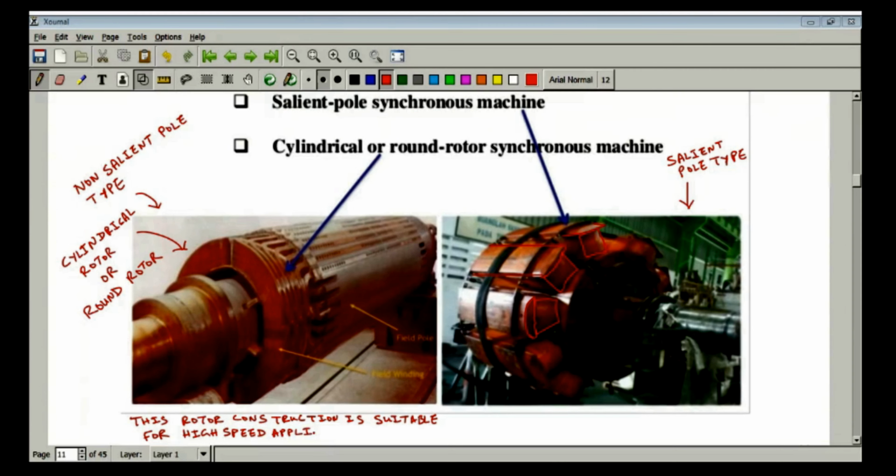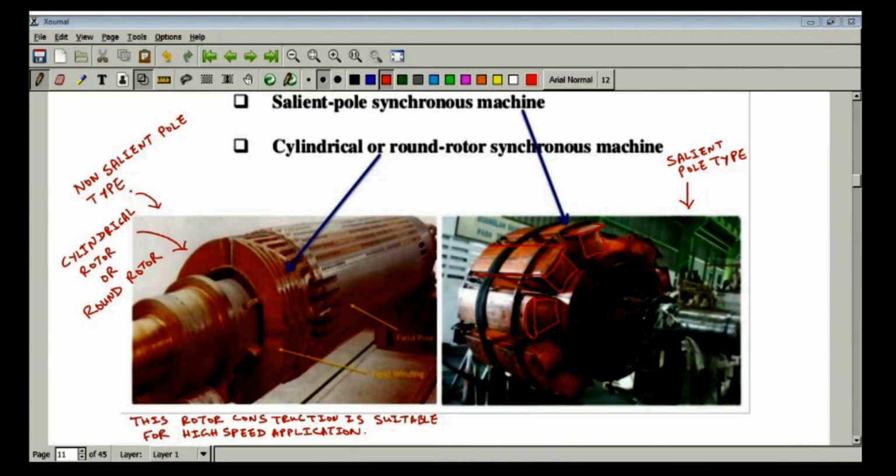So wherever you are expecting that the operating speed is to be kept very high, there you can use this kind of synchronous machine which is having this kind of rotor, which is your cylindrical rotor or round rotor. So you see, these three are the names of the same thing.